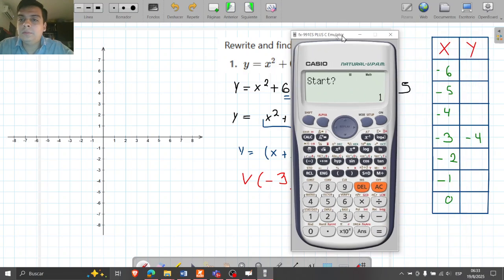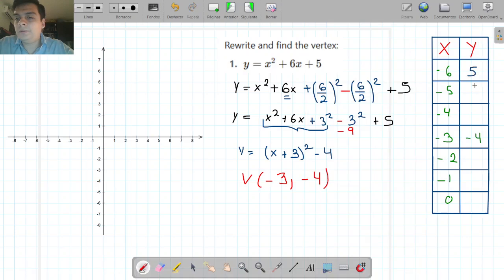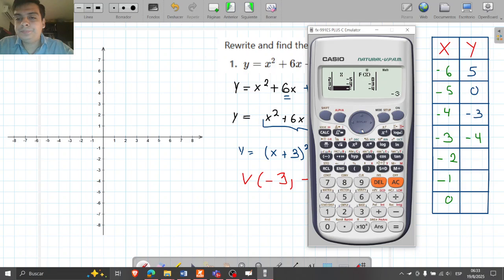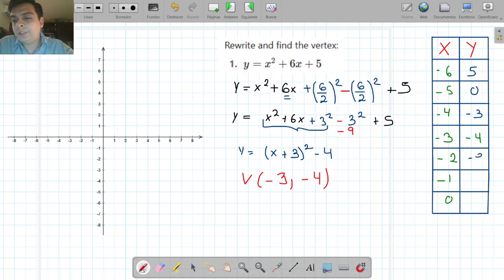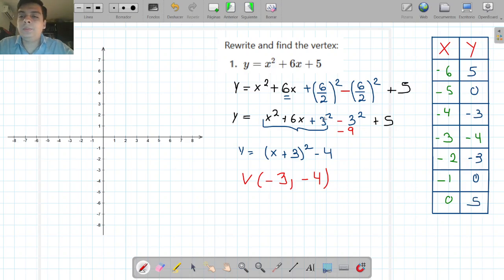We start from minus 6 until 0, one by one, and you can see here we have the values: 5, 0, minus 3, minus 4, minus 3, 0, and 5. We plot the points very quick.